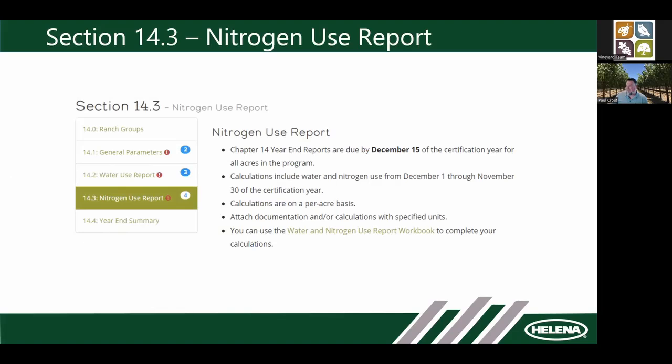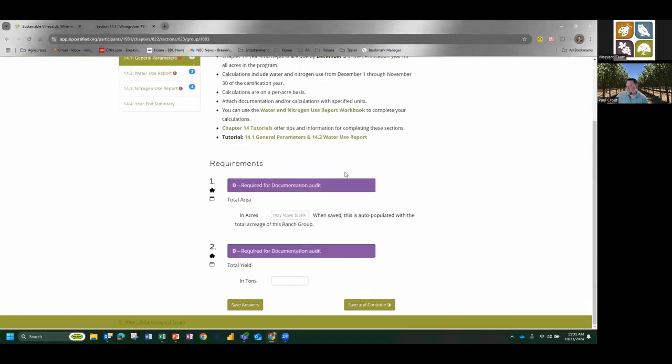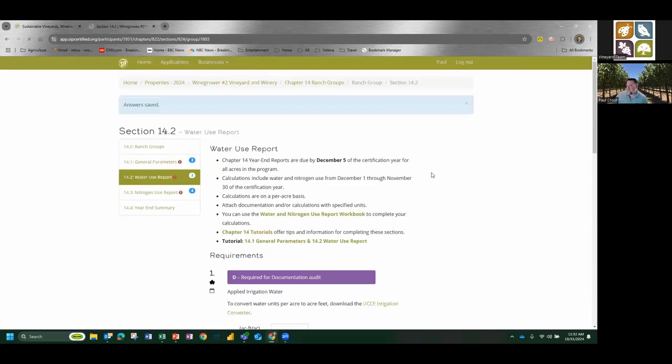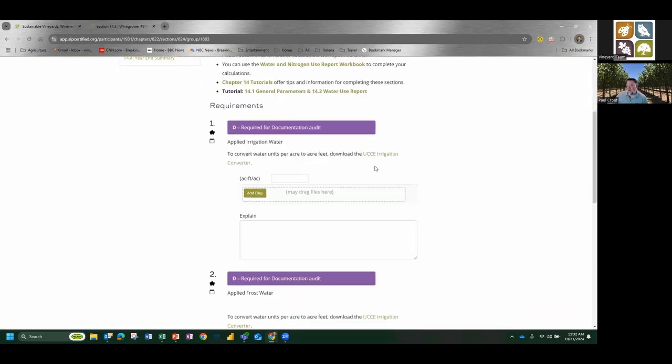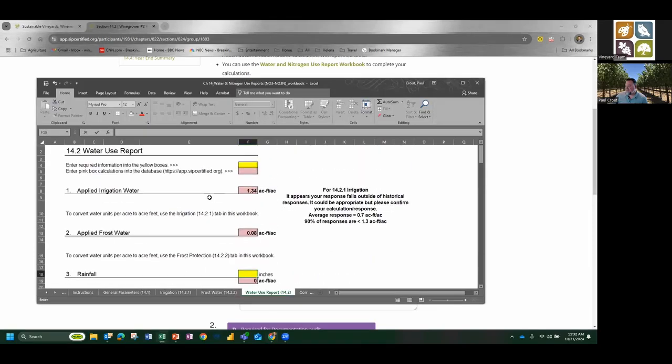Let me bring up the total summary here, and I can show you that. So if we're doing 10 acres and we've got 50 tons, we can save and continue. Just with our calculation, let's say we got 1.34 acre feet per acre of water, because that was from our calculator here.